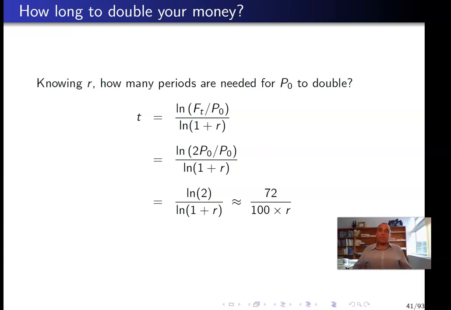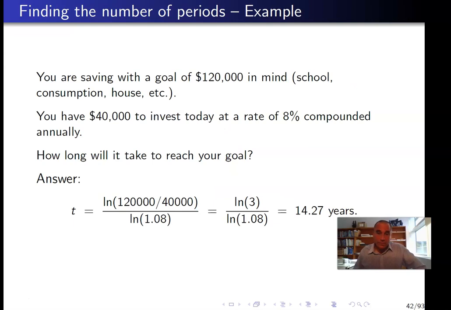Why? Because ln of 2 is close to 0.69 and ln of 1 plus R is also a small number. So adjusting everything, it's very close to 72. So if your rate of interest is 12%, 72 divided by 12 is equal to 6. So it would take you 6 years to double your money.